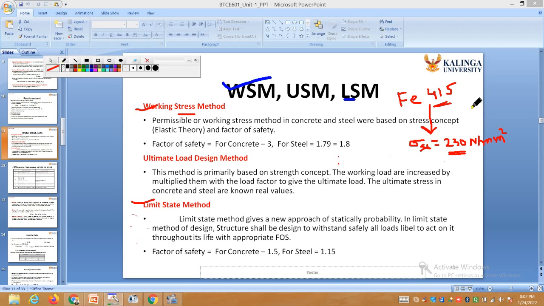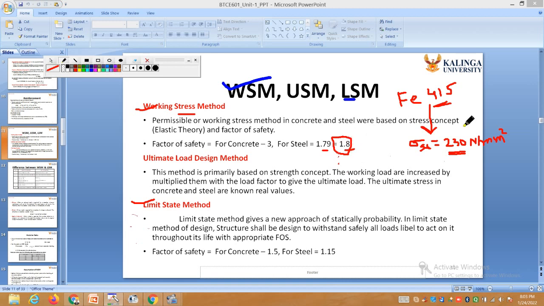If you divide 415 by 230, can anyone tell me what value you are getting? You will get 1.79, approximately 1.8. It means the yield strength of HYSD bar is 415, but the designer as per the IS code of practice is taking stress in steel in tension as 230, which means the factor of safety which the designer has assumed is 1.8.